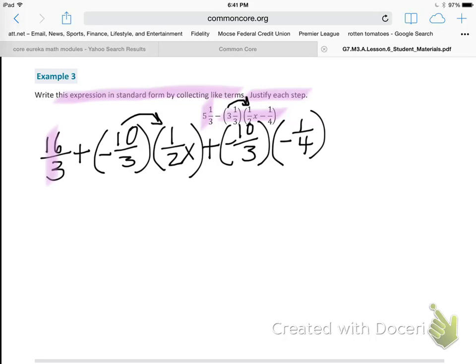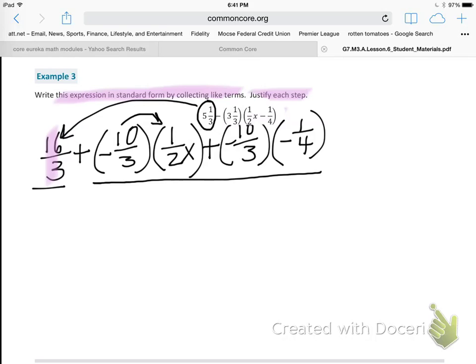All right. So again, let me just show you that again. We took this one here, and this 5 1/3 is represented here. This is one of the expressions, and this is a whole expression here. So we're actually going to find the sum of these, even though it was originally a difference, but we're going to write it as a sum.